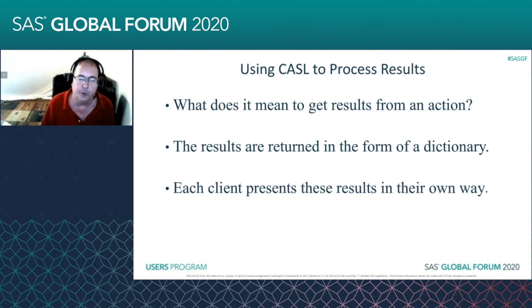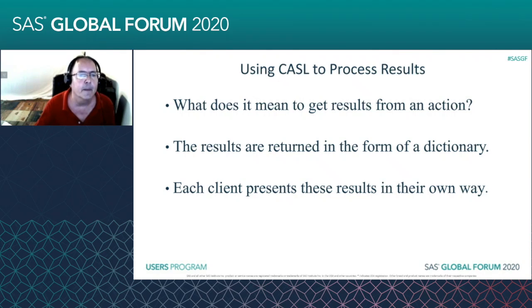Within CASL, you can reference a table as a two-dimensional array with the first array index being the row number and the second being the column. So you can reference an individual item within a table by saying row, comma, name of column. If you know what row it is, you can put the number there, but once again, we generally suggest you put the name just to make sure you're not wrong.